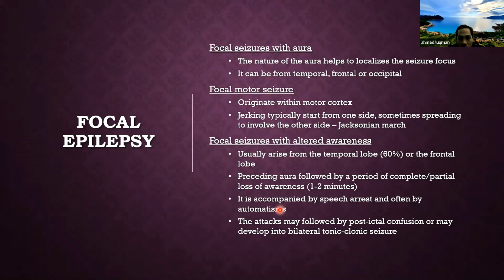It is a semi-purposeful stereotyped motion, such as lip smacking, dystonic limb posturing, or a much more complex motor behavior, such as walking in circles or undressing. This attack may be followed by post-ictal confusion, or may develop into a bilateral clonic seizure.